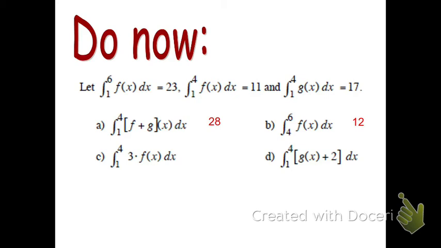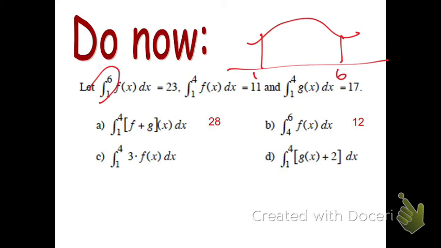You kind of have to do some subtraction, but again, you want to visualize this as area. If the integral from 1 to 6, visualize that with area. From 1 to 6, that total area is 23, okay?